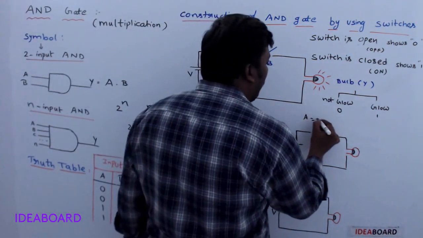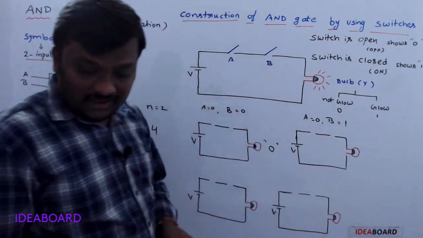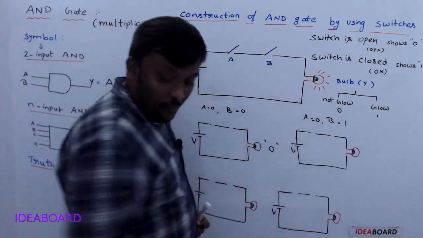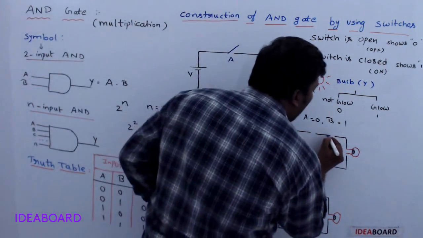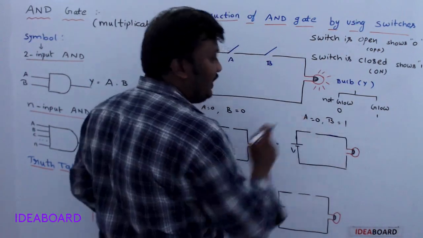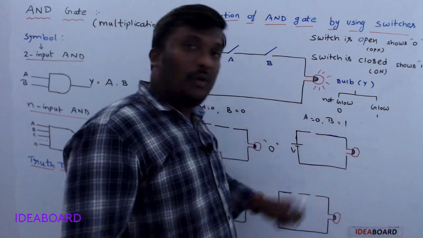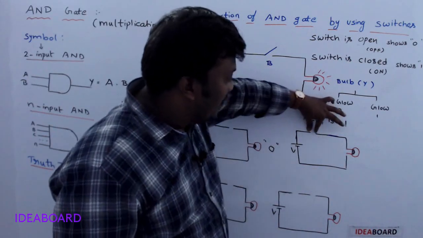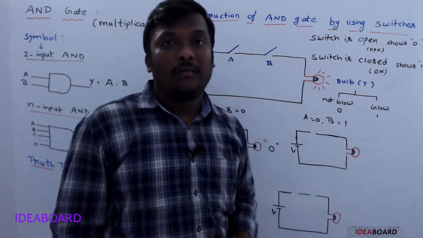Now the second case, A is 0, B is 1. A is equal to 0, B is equal to 1. That means A is open but B is closed. B is closed but A is open. Is the circuit completed? No again, because A is open. The circuit is an open circuit. In an open circuit, current will not flow.